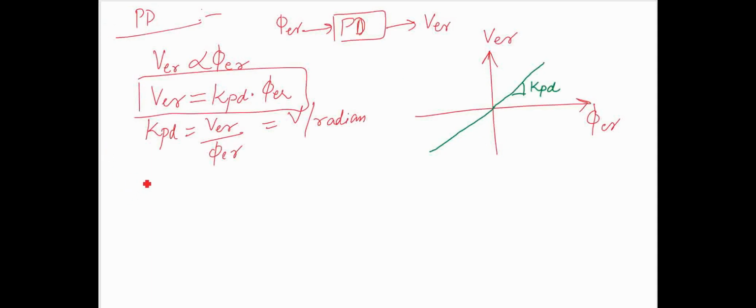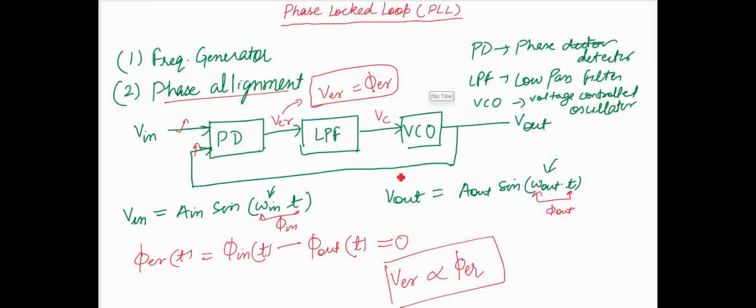Now let's see the low pass filter. Let's go back to the previous slide and see. In the low pass filter, let's consider its transfer function is LF(s), with input V error(s) and output VC(s). We are taking the Laplace transform. So what will be your LF(s)?